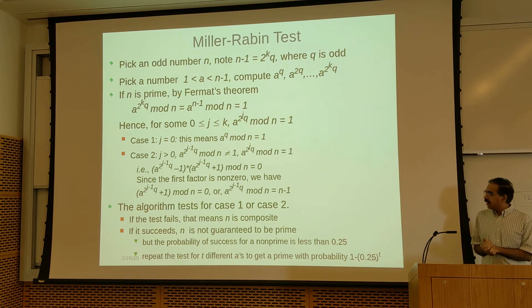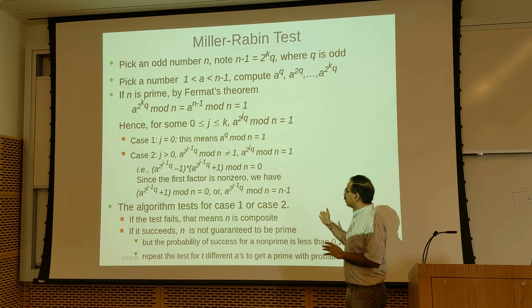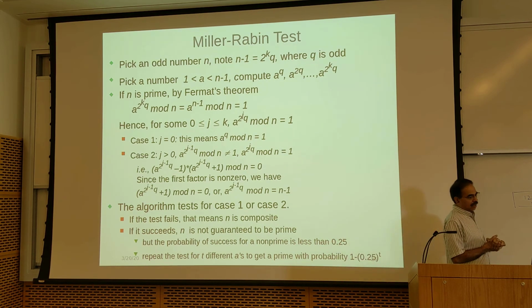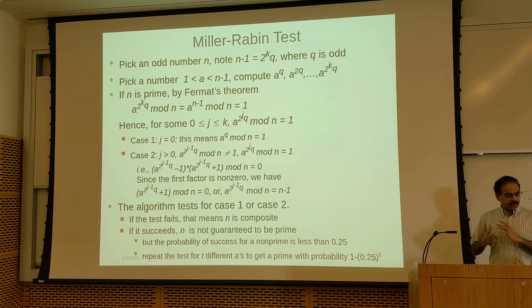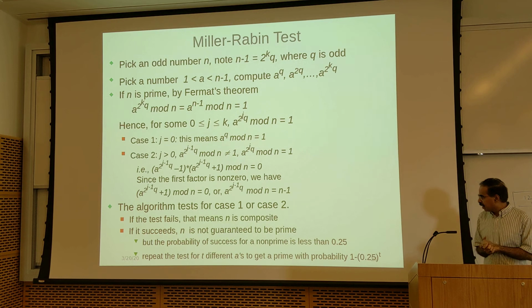Again, I'm not going to go through the specifics of how this is done. The more important point is to understand the concept that even though these numbers are big, there are probabilistic techniques for checking whether the number is prime or not.